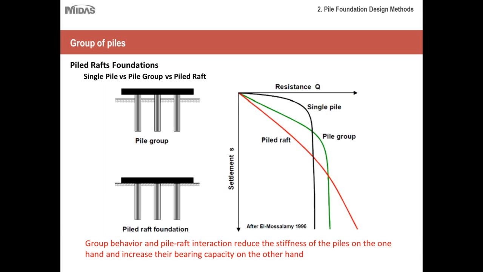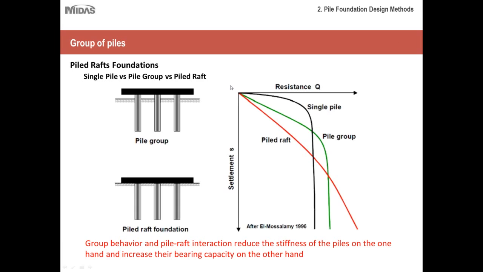So let's see a relative mapping of the behavior of a single pile, pile group, and pile raft. This will also help you in understanding how the pile raft is behaving and how we estimate the strength of it.